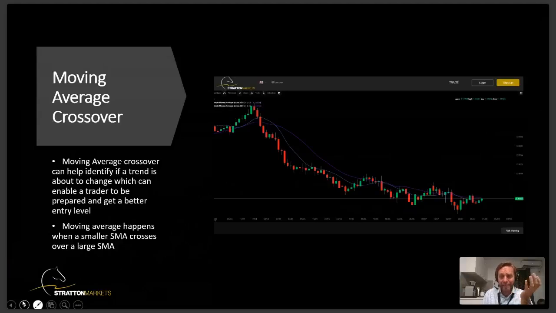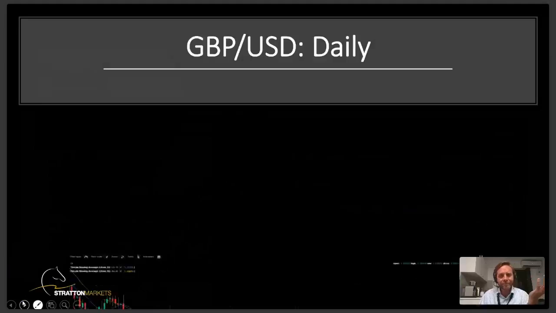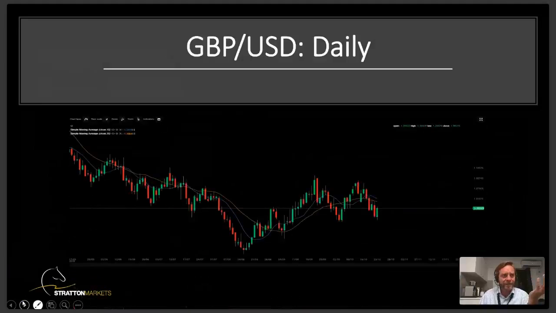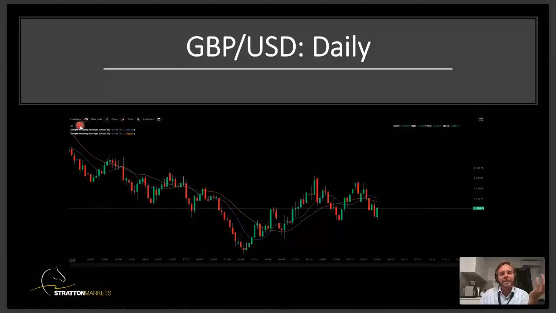So what does that mean, James? Well, like this. As you see, I have two moving averages set on my screen. I have an SMA 10 and an SMA 20. The 10 is the blue line and the 20 is the slightly orange yellow line.